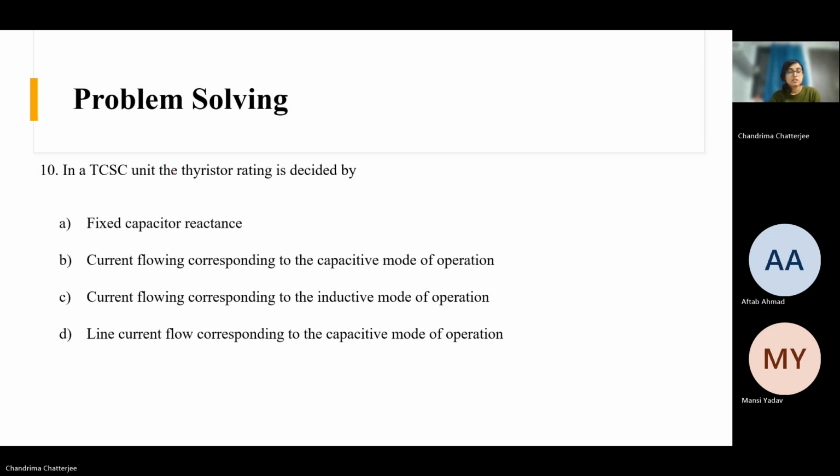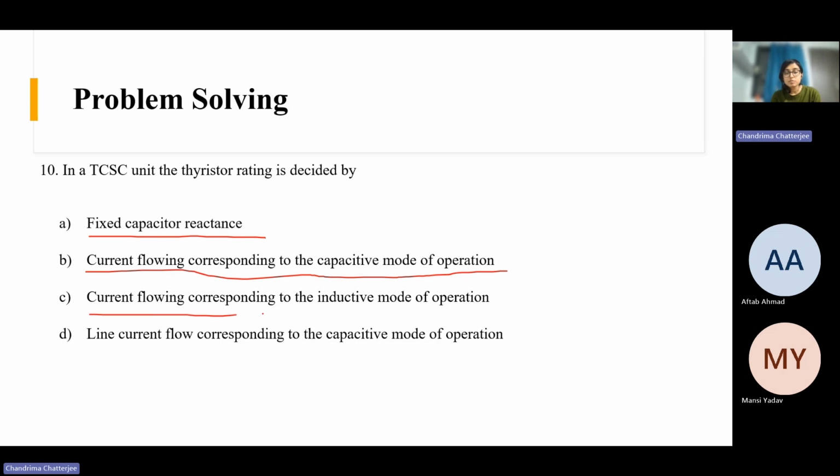In a TCSC unit, the thyristor rating is decided by fixed capacitor reactance, current flowing corresponding to the capacitive mode of operation, current flowing corresponding to the inductive mode of operation, line current flowing corresponding to the capacitive mode of operation.